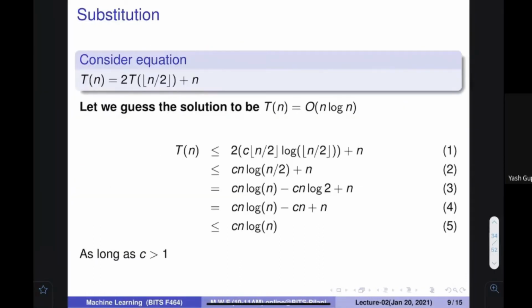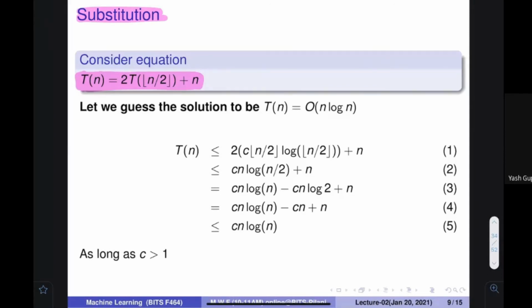So let us consider this expression: Tn is equal to 2T(n/2) plus n. So this is my expression, and I want to find out the solution for this. The substitution method says that you guess something and substitute. I don't know what to guess. Guessing is not that easy.